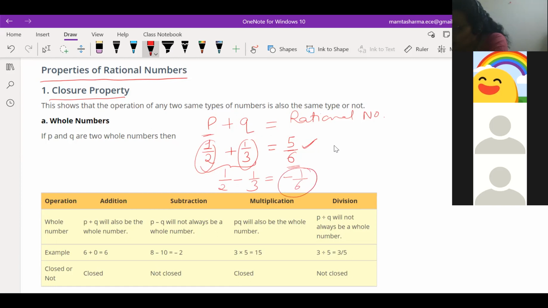Is that a rational number or not? Yes, it is a rational number. If we subtract one rational number from another, I will get a rational number only. So I can say that rational numbers are closed under addition and closed under subtraction.